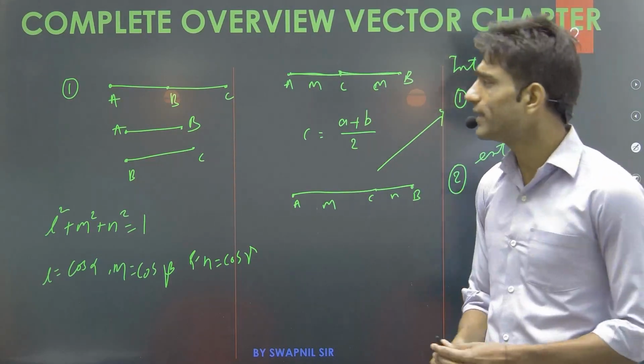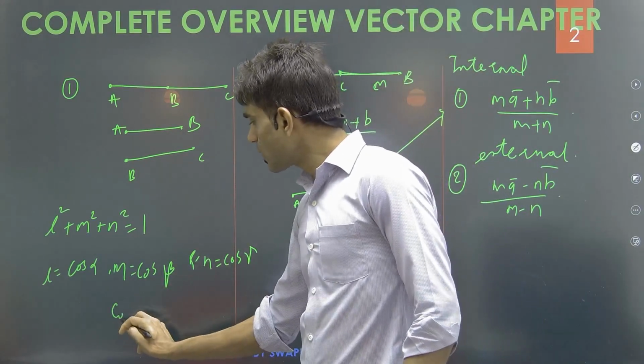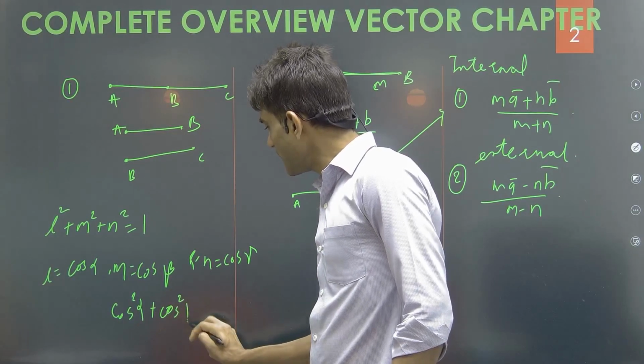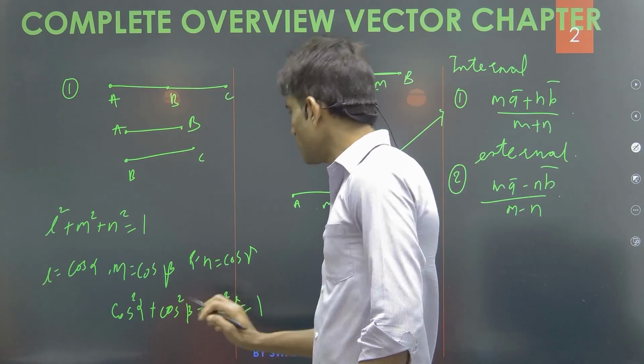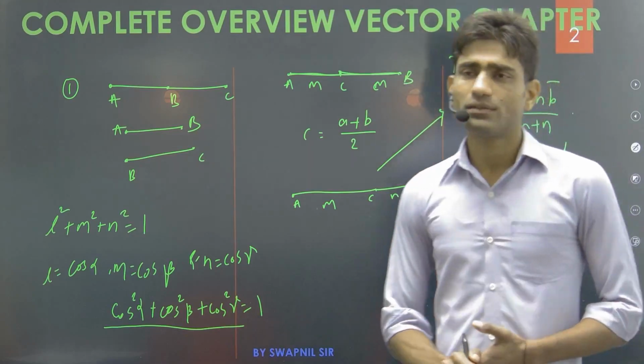That means our standard result can be written as cos square alpha plus cos square beta plus cos square gamma is equal to 1. That is our standard theorem.